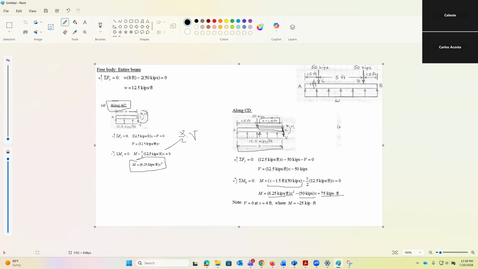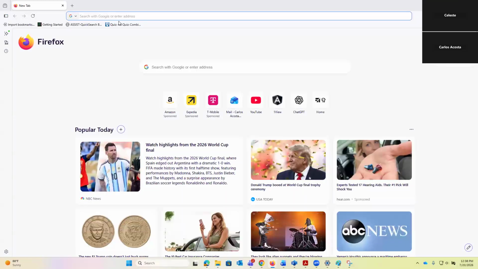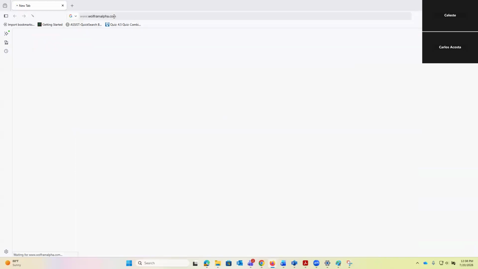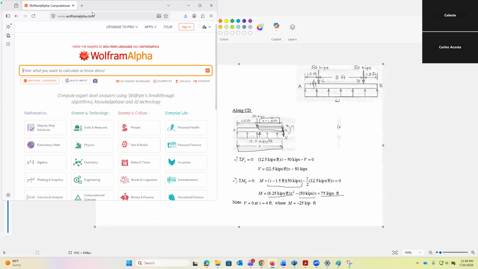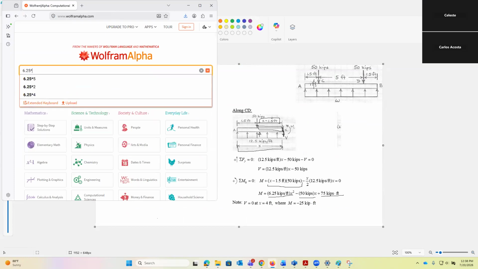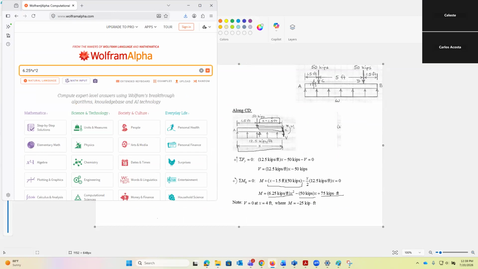Let me bring Wolfram Alpha over here. We have a lot of variables though. So 6.25 times x squared, or use any tool that you have to solve quadratic equations, plus 75 equals 0.